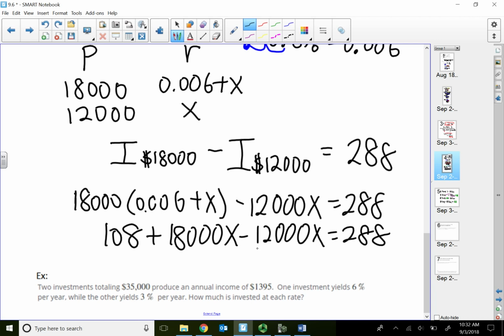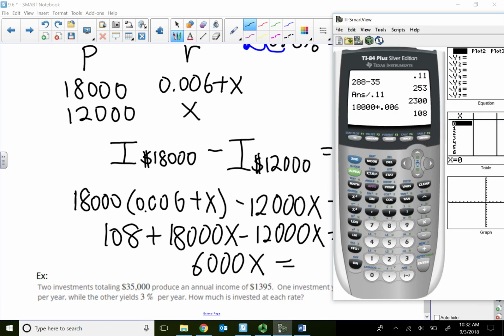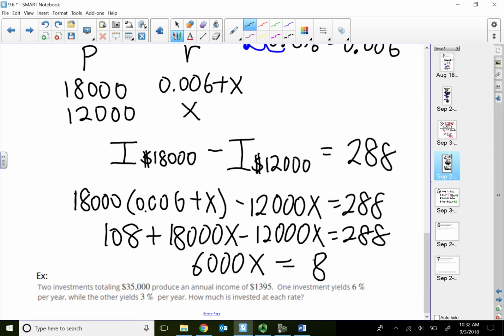So 18,000x minus 12,000x is 6,000x equal to, move the 108 to the other side, become negative. That's 288 minus 108, which will give me 180.